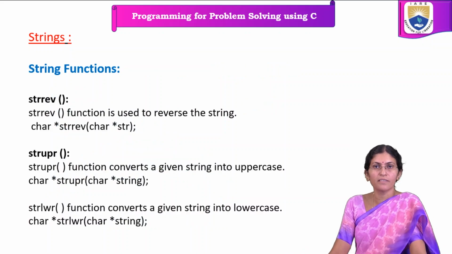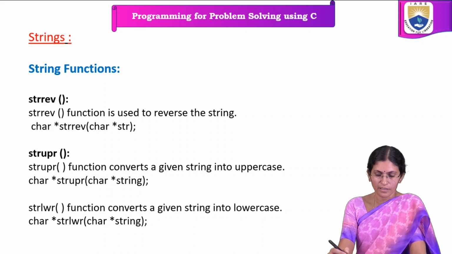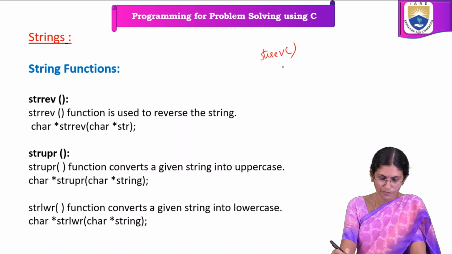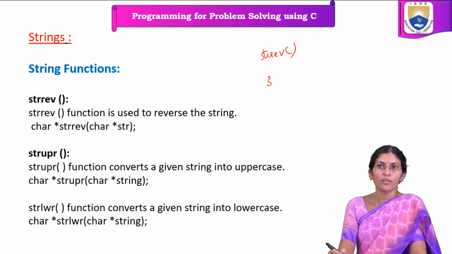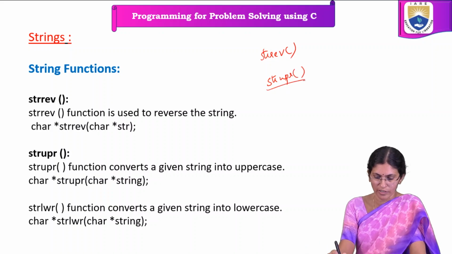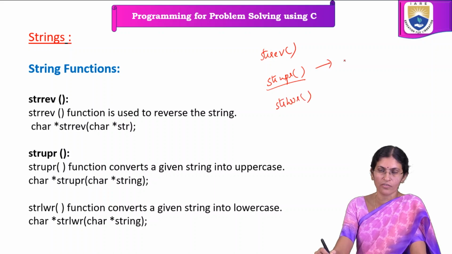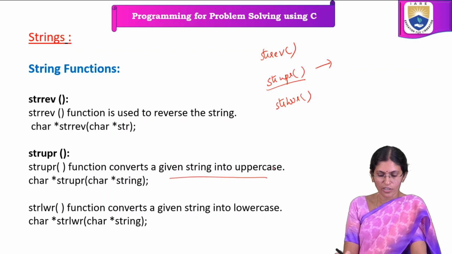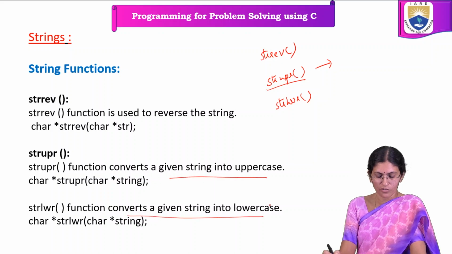Next, there are other string related functions. In order to reverse the string we have the strrev function. In order to change the case of the string we have the function strupr, and the other one is strlwr. So strupr converts a given string to uppercase, and strlwr converts a given string to lowercase.